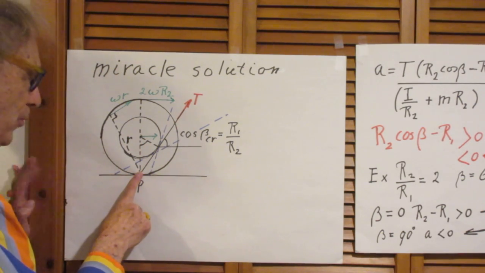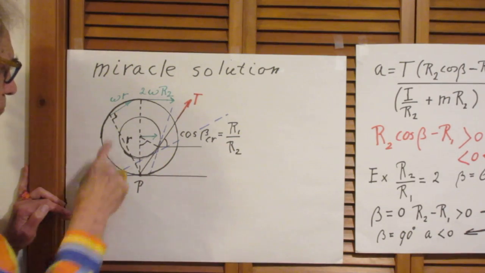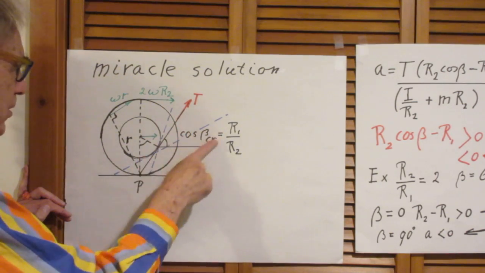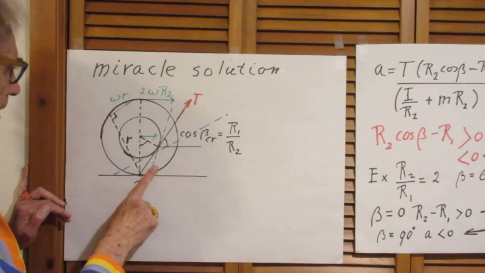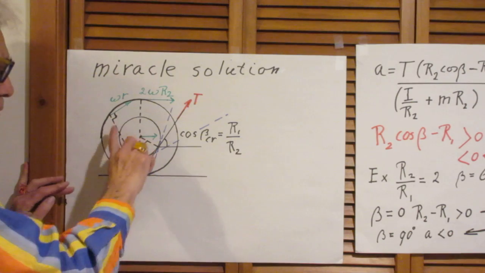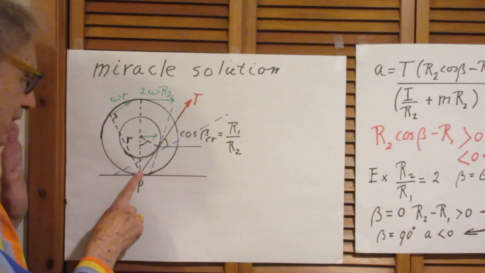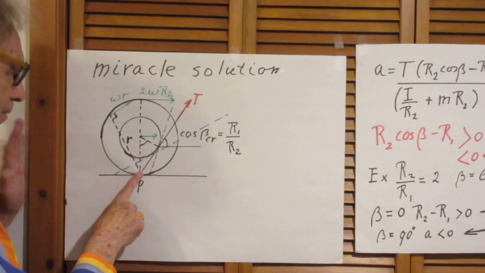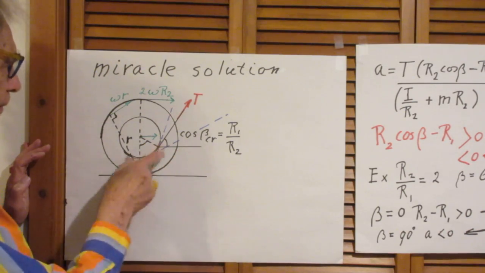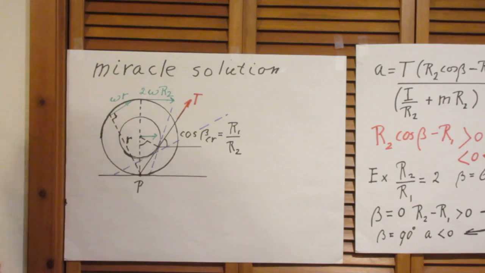Since it's rotating about point P, if you accept that concept, it must rotate to the right. If you make the angle larger than beta critical, then the tension is in this direction, so relative to point P there is now a counterclockwise torque. Since we accepted the notion that it is equivalent to a rotation about point P with angular velocity omega, this torque will make it rotate in this direction about point P, and so it will roll in the opposite direction. So this miracle solution requires almost no mass, which I needed before.